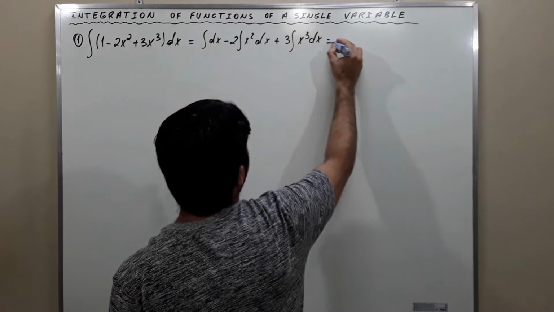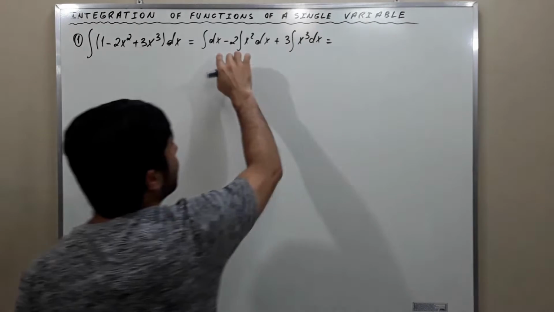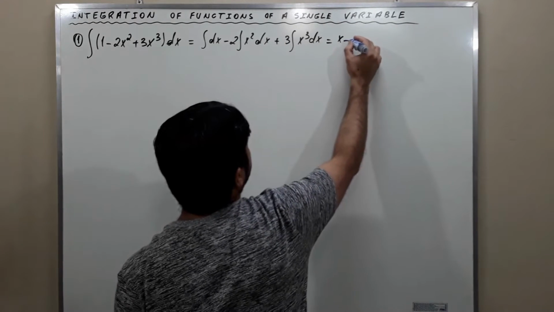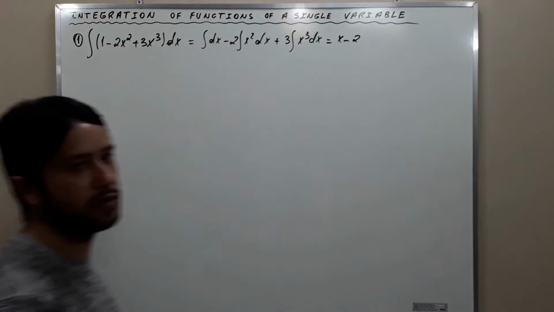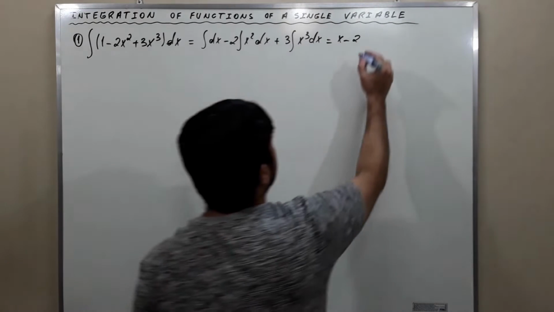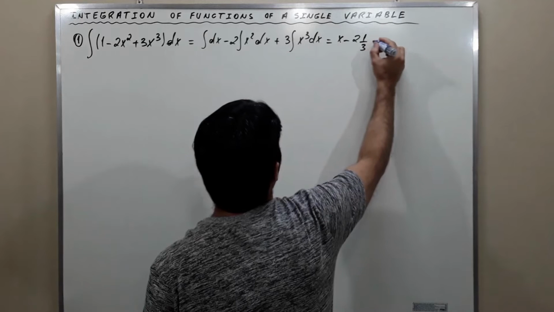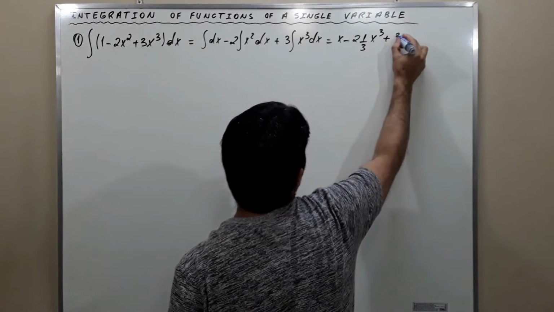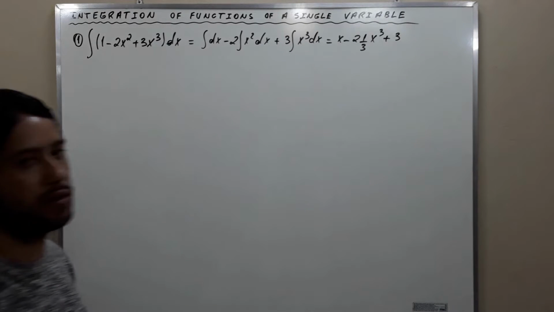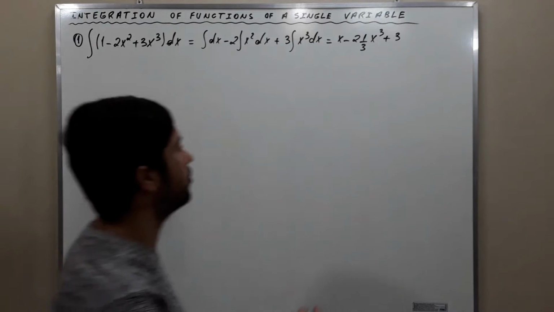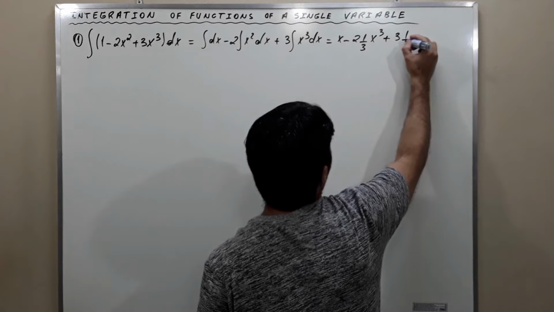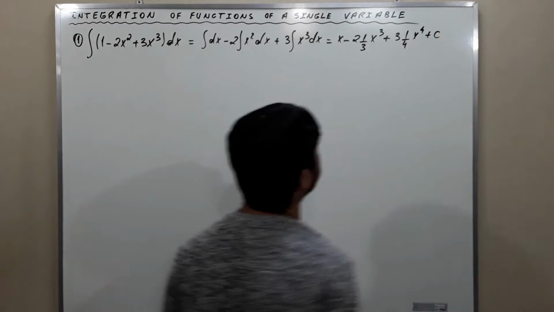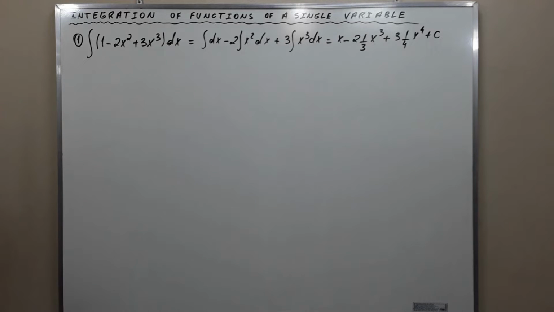And here the integral of dx is x, minus 2 times the integral of x squared, which is a third of x cubed, plus 3 times the integral of x cubed, which is 1/4 of x to the 4th, plus c. Okay?